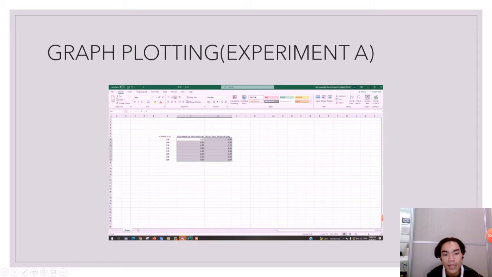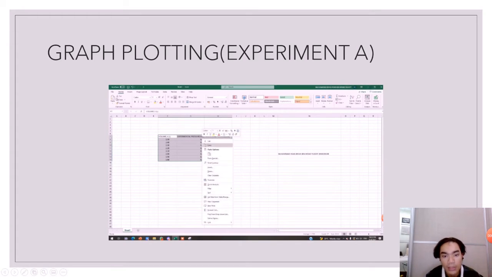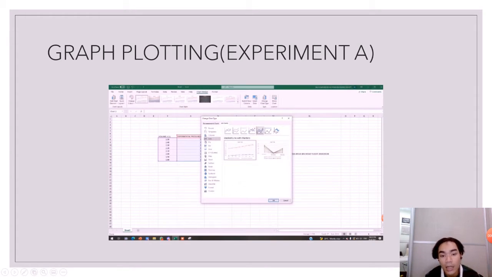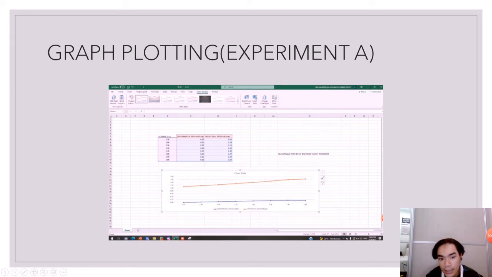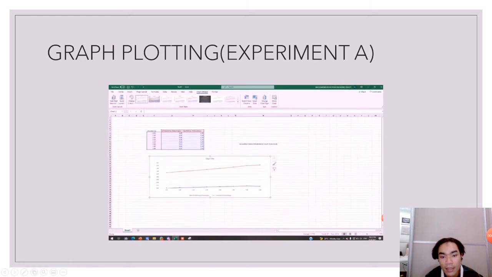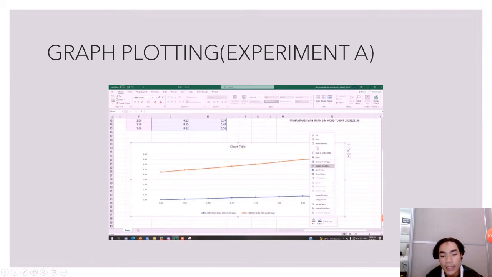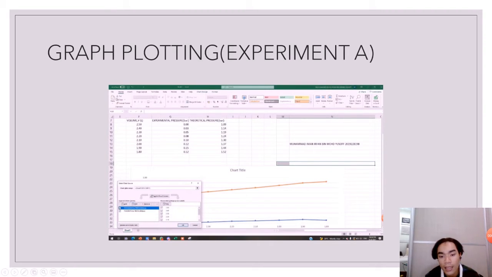From this set of values, I'll turn it into a chart using a line chart, and then come up with a title. And in a way we could see that it's linear.